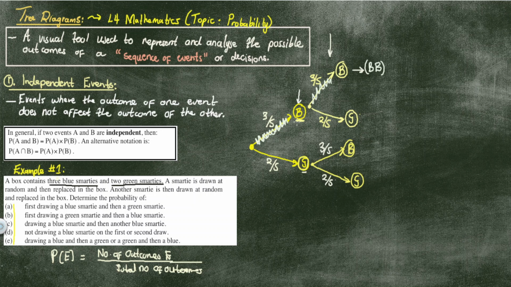So it's B, B. Another outcome would be for the first time we keep it blue, and for the second time we keep it green. So it's B, G. The third branch is where I take out the green first and then a blue second. So it's green, blue. Then for the last branch, green and then green again. Green and green.